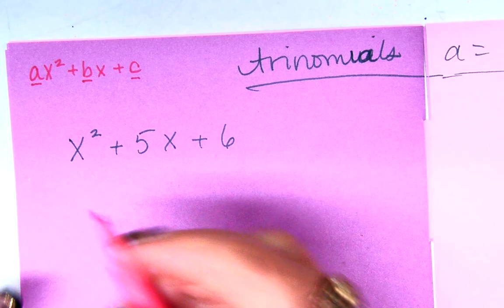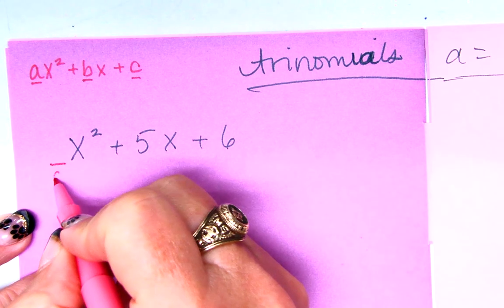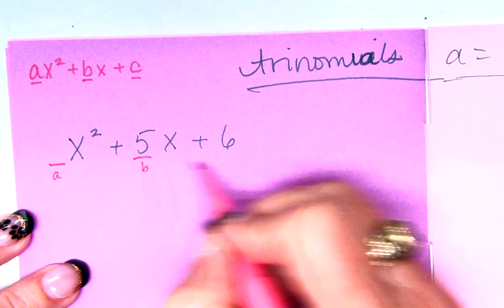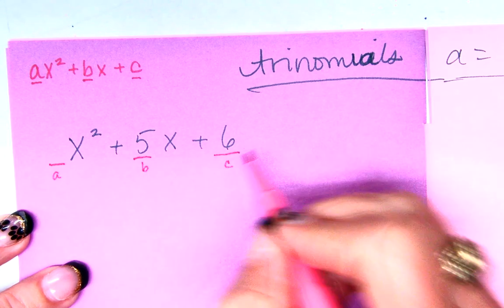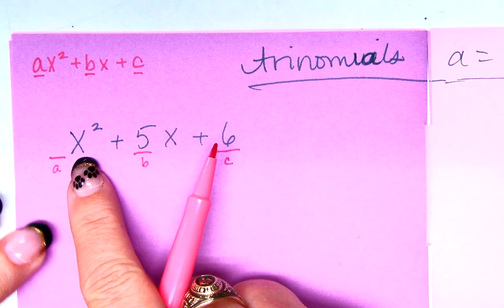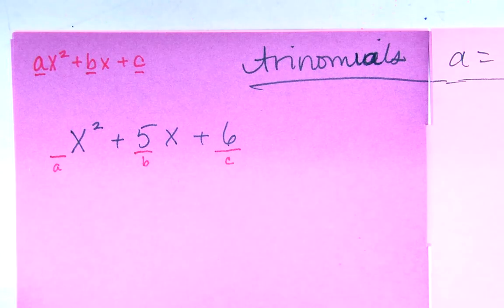Would you do it for me, please? So that's a, and that's b, and that's c. Now, I'm going to be a little picky and make sure that when you underlined a, you didn't underline the x squared, and when you underlined b, you didn't underline the x, right? It's not the variable, it's the number sitting in front of the variable, the coefficient, right?